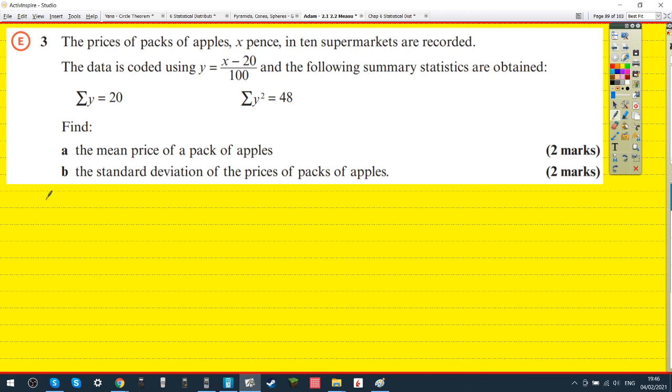So the mean would be 2020. And then for the other one, it would be 48 times 100.